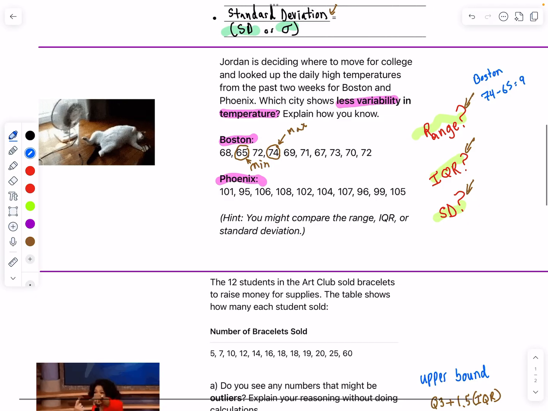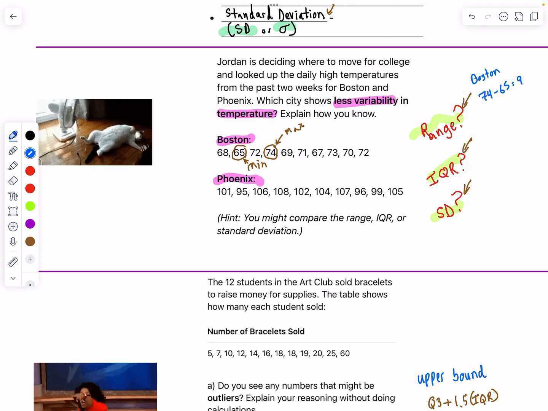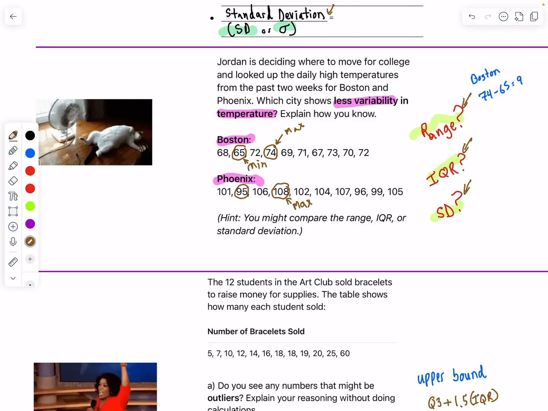Phoenix is hot. Look at those temperatures. Same thing. We're going to have to find the maximum number. Phoenix gets all the way to 108, dude. That's crazy, man. It's hotter than Florida. And then our smallest number for Phoenix is 95? Yeah, 95.